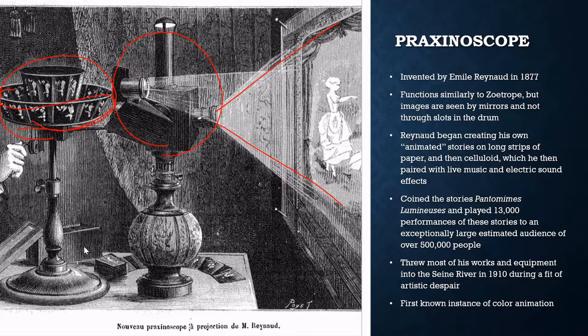This man named Emile Reynaud in 1877 did just that, and he called his stories the pantomime lumineuses. What he did was project these long strips of drawings and then pair them together with live music. And it was sort of the first time anyone saw animation in a theater. It wasn't quite a movie, but it was pretty close.